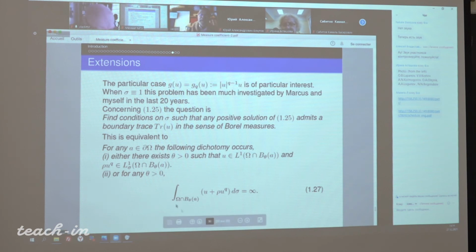Or for any θ positive, the integral of u dx plus u^q dσ over Ω intersect B_θ is infinite. This is probably the dichotomy which makes a difference, but it's a conjecture, of course. The dichotomy should be this one, but now prove this equivalence between this condition and the dichotomy. This is a problem in the whole story of the boundary trace.